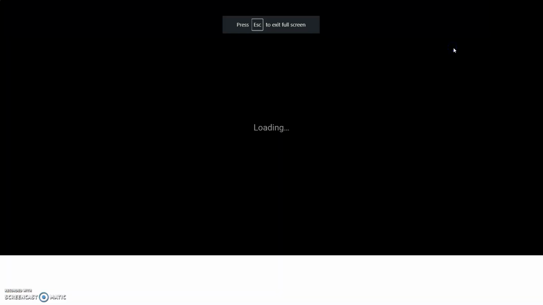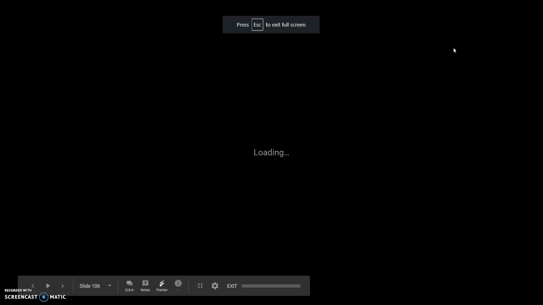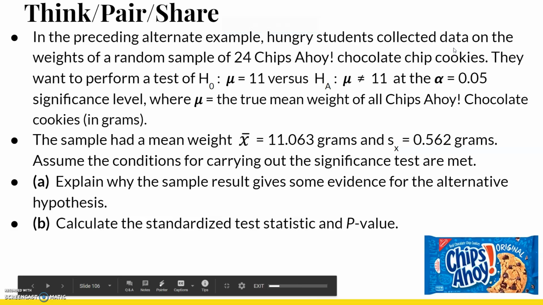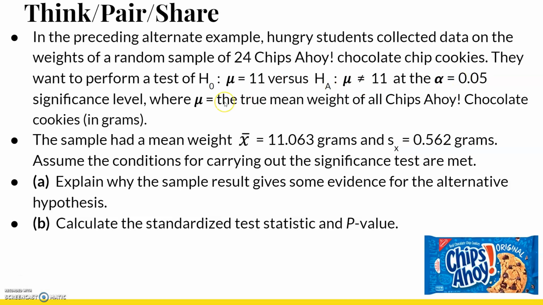Let's try it out with this question here. Going back to the Chips Ahoy problem, now we want to perform a test of mu equals 11 versus mu is not equal to 11 at the alpha equals 0.05 significance level, where mu is the true mean weight of all Chips Ahoy chocolate chip cookies. The sample had a mean weight of 11.063.